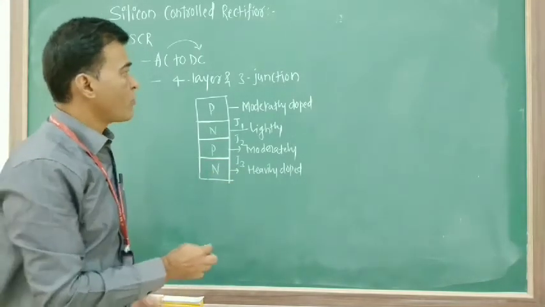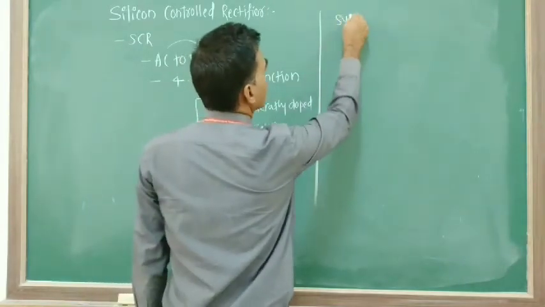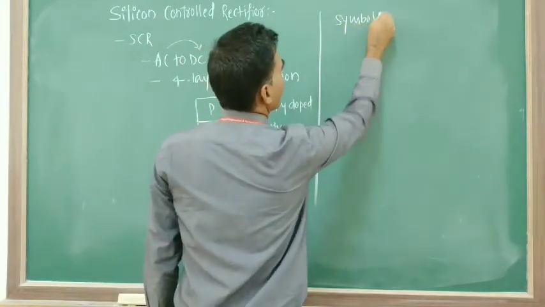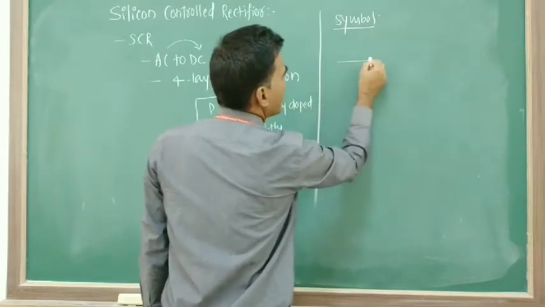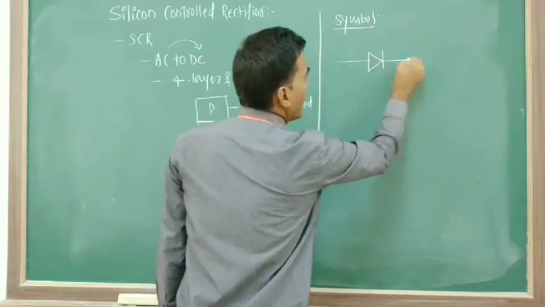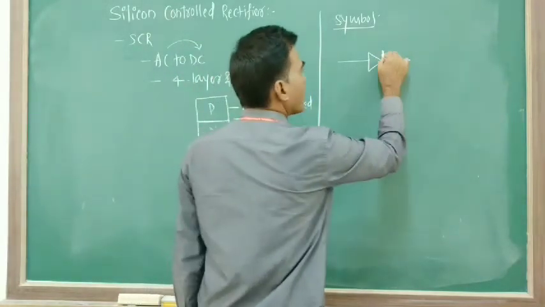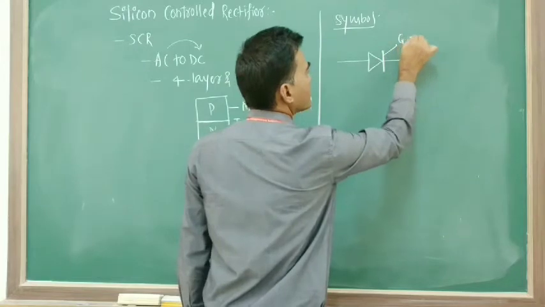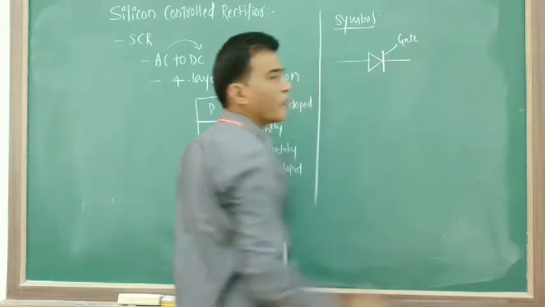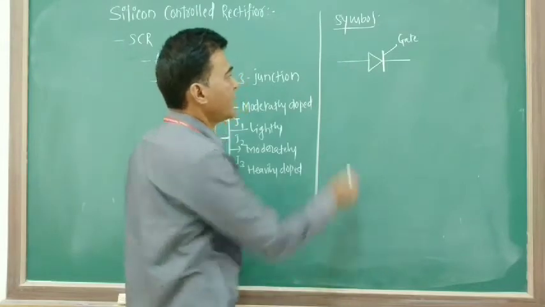Right? The symbol for this silicon control rectifier is like a diode. And to this diode, we have one control terminal called a gate. So this is the control terminal of an SCR, which is the gate.